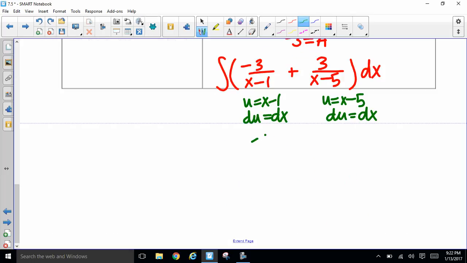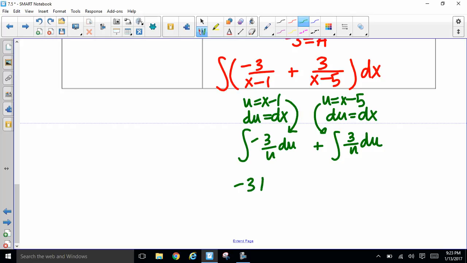So this one turns into negative 3 over u du, and this one turns into positive 3 over u du, keeping in mind they're different u's for each one. So I get negative 3 natural log absolute value, where this u is x minus 1, plus 3 natural log absolute value, where this u is x minus 5.